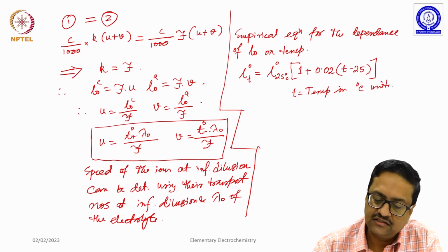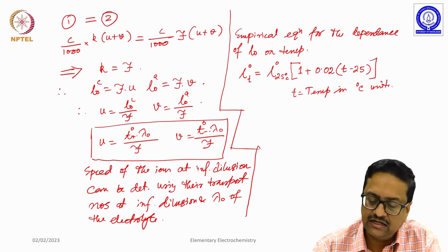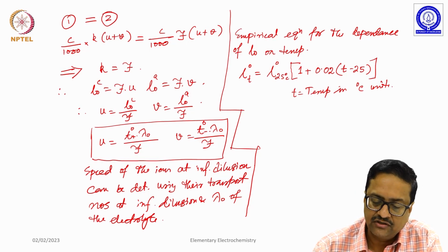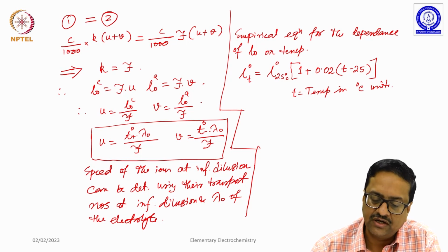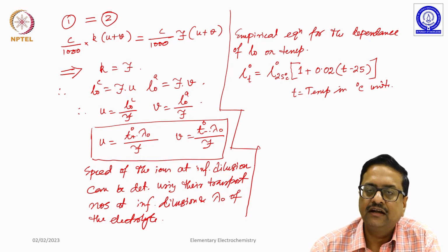This is an empirical relationship which has been arrived at based on various experimental data for the ion conductances of a particular ion at different temperatures.